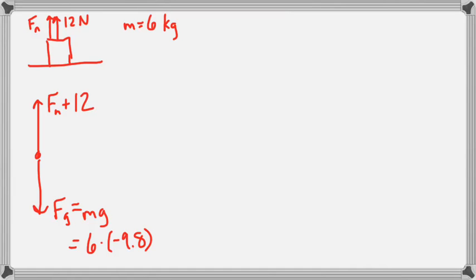All right, so after I do that, I need to define my coordinate system. So let's make this the positive direction and that the negative direction. Seems pretty straightforward. After that, I need to write down Newton's second law, F net, I almost forgot the net part, F net equals mass times acceleration.